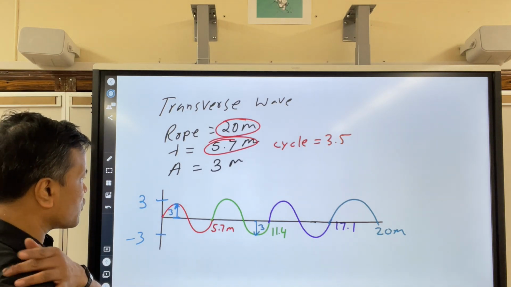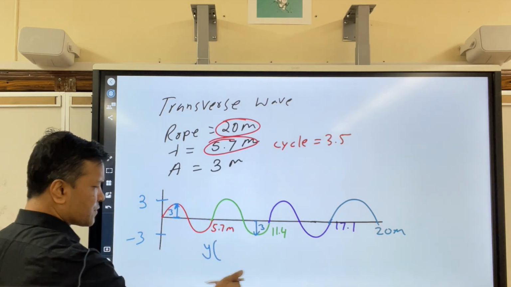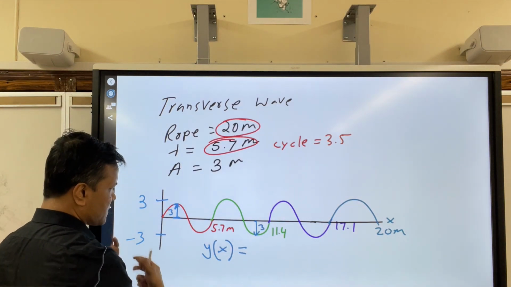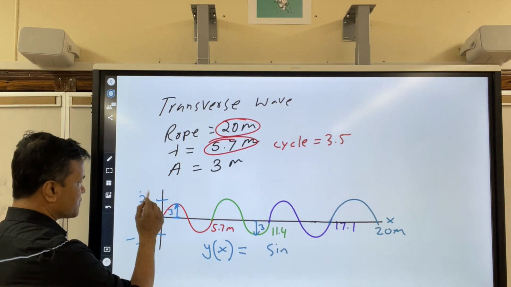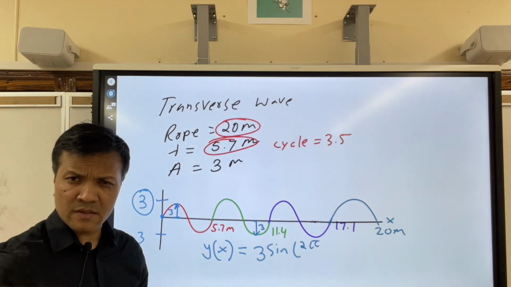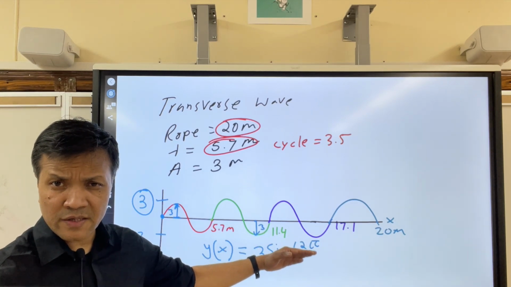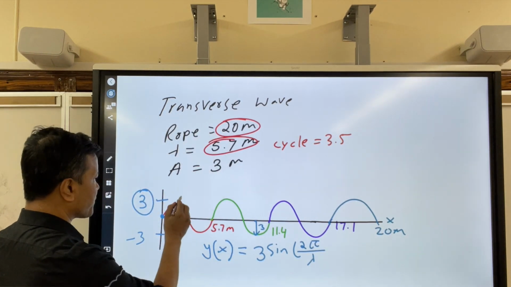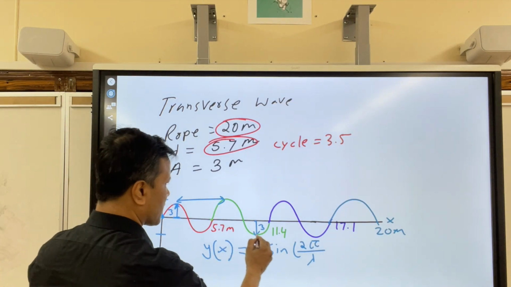What other information do I have to give you? Oh wow, we're going to write an equation. So y, this function takes position as an input. This function is a sine because it starts from 0. This function has an amplitude of 3. Just like all trigonometric functions, one cycle is 360 degrees, which is 2 pi. This function has a lambda from crest to crest, or trough to trough.